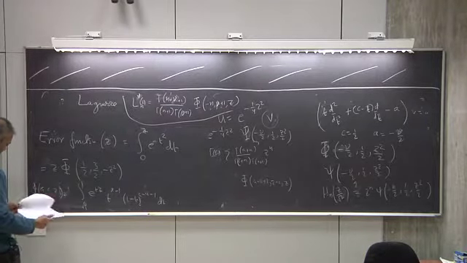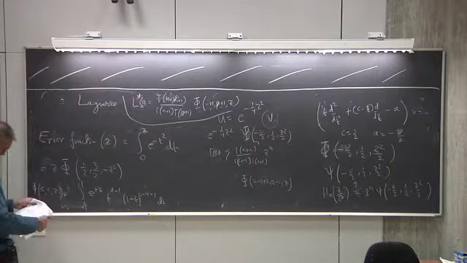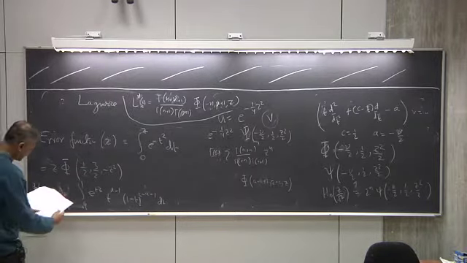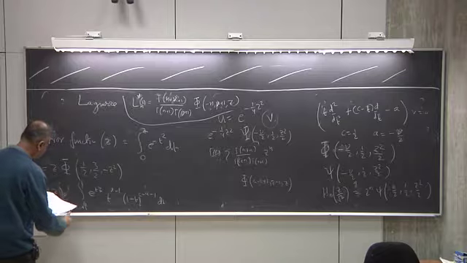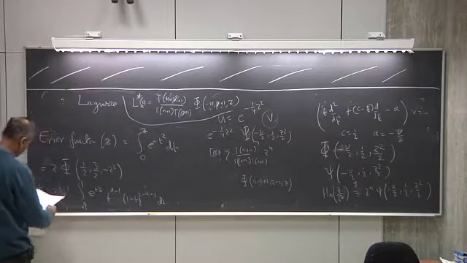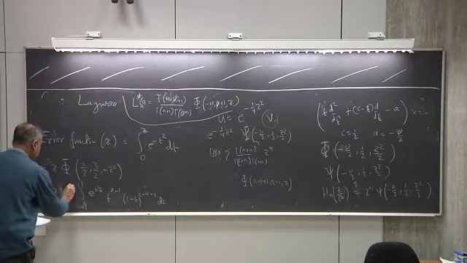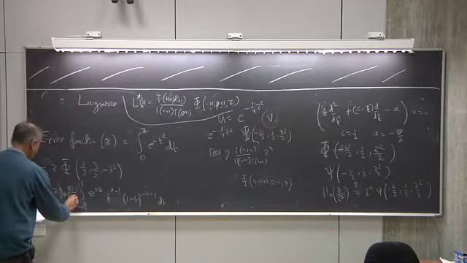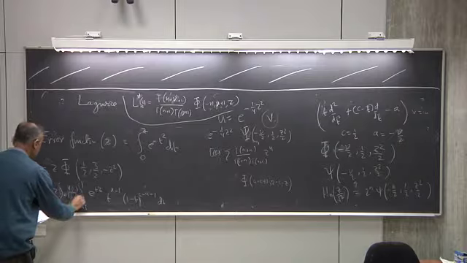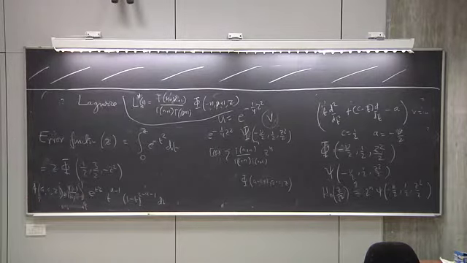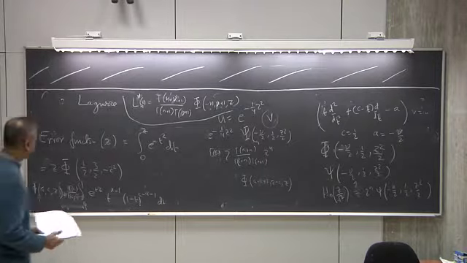The prefactor was gamma of c divided by gamma of a times gamma of c minus a, which normalizes it to 1. That's in 19.12.